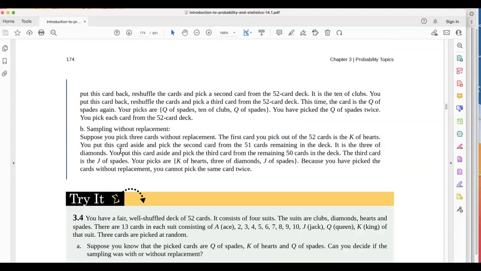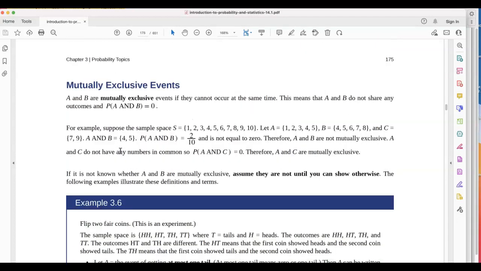All right, now mutually exclusive means that they cannot occur at the same time. That means the probability of A and B together is 0. There's no overlap in there. Okay, so A and B here are not mutually exclusive because they share 4 and 5. There's overlap.